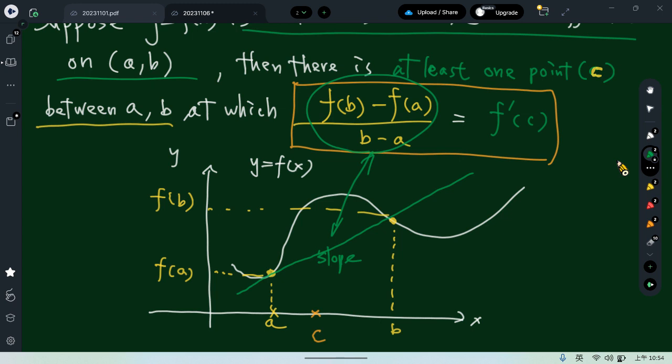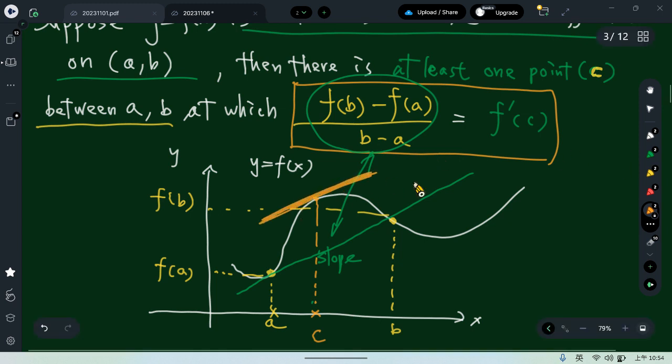So how can we treat this? So that means f of c is here. Its slope, its first derivative is here. So the first derivative for f at c is this one, right?